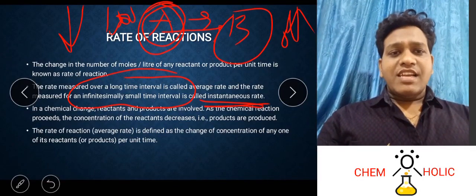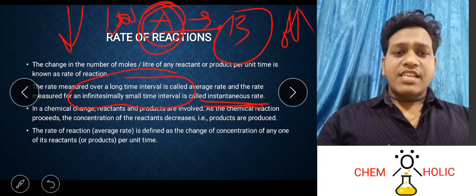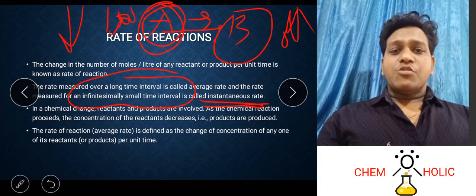So we can understand that the reactant has started decreasing and products are getting formed.